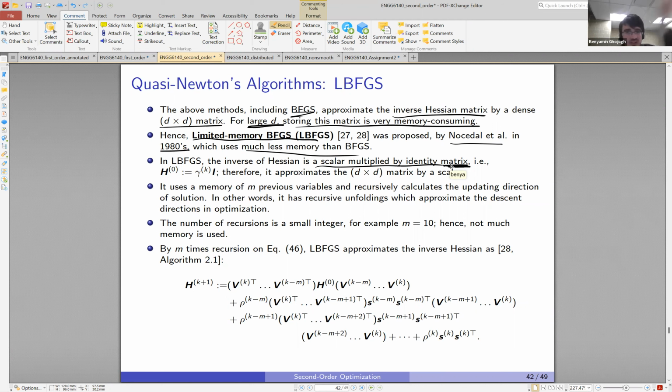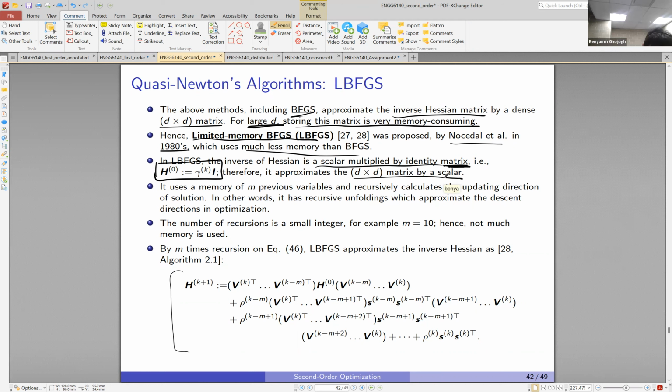It's a diagonal matrix with one as diagonal elements. So it's only one scalar. The information is one scalar. So they say H, which is the inverse of Hessian, let it be gamma k I. But this is the initial H. So you are updating H in this way. So it approximates the D by D matrix by just a scalar.